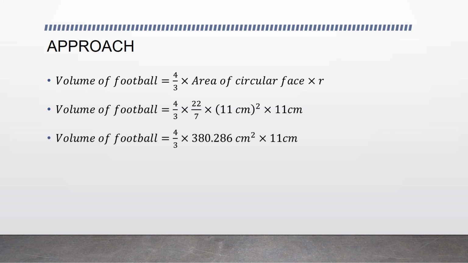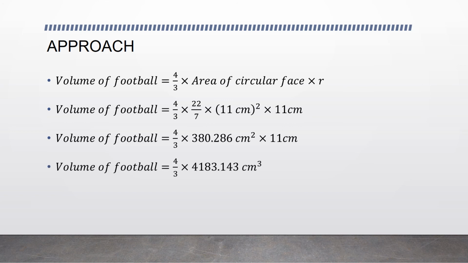Now what I did was to find the area of that circular face, and that is multiplying pi by 11 centimeters and by 11 centimeters. You get 380.286 square centimeters.